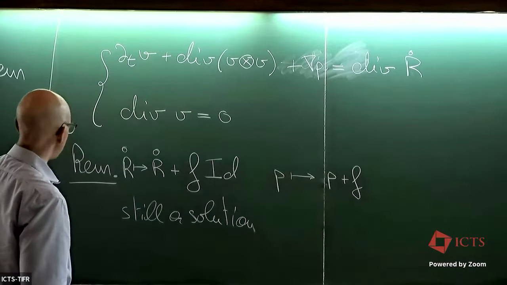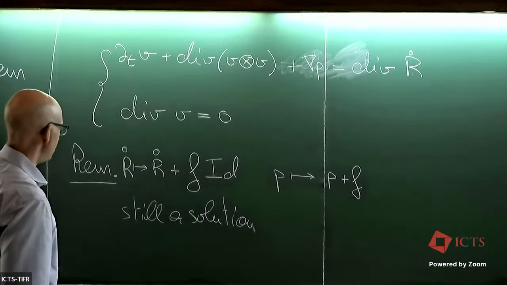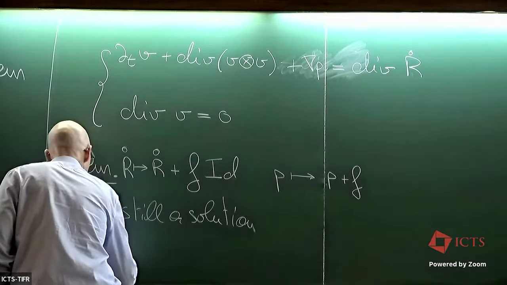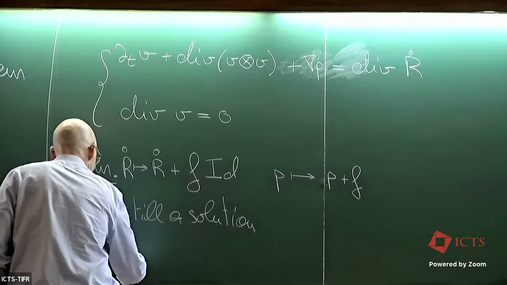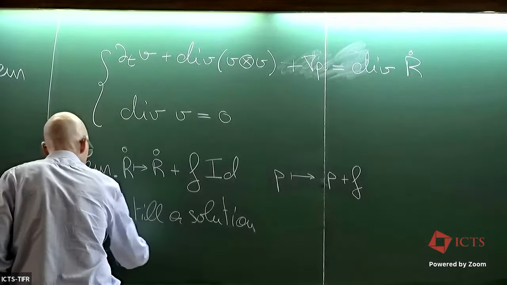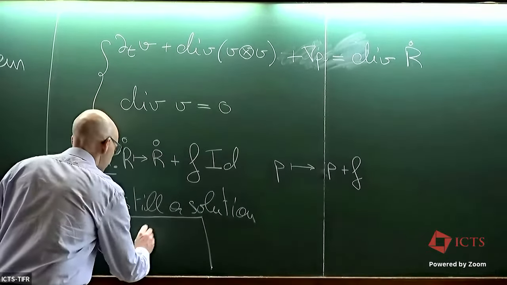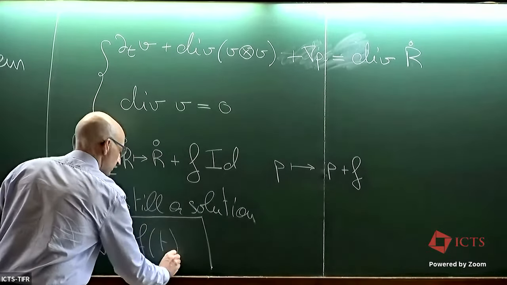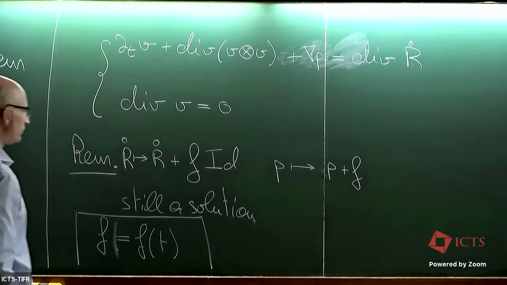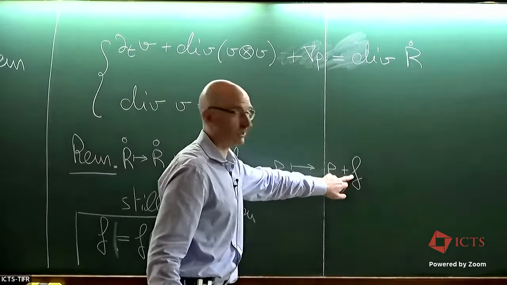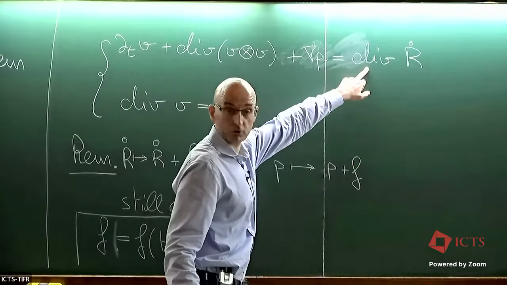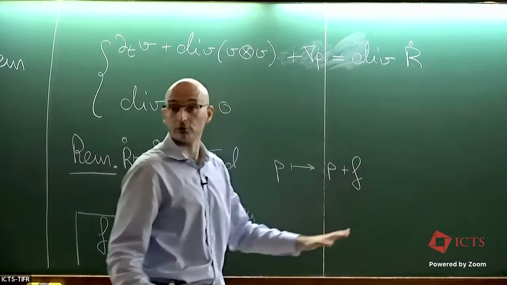And I want to remember another thing very much. This will play a fundamental role. If the function f is purely a function of time, I don't even need to add anything to the pressure, because there is a divergence over here, so I'm not really seeing that derivative.